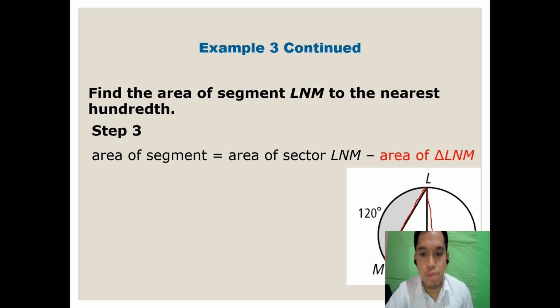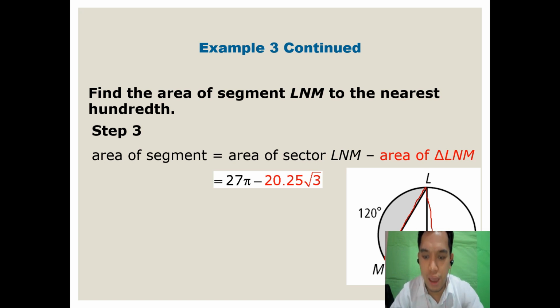So, to find the area of the segment, okay, get the difference of area of sector and the area of the triangle. Okay, so i-minus natin yung 27 pi, yung area ng sector. So, yung 27 pi is 27 times pi. That is 84.82 cm.